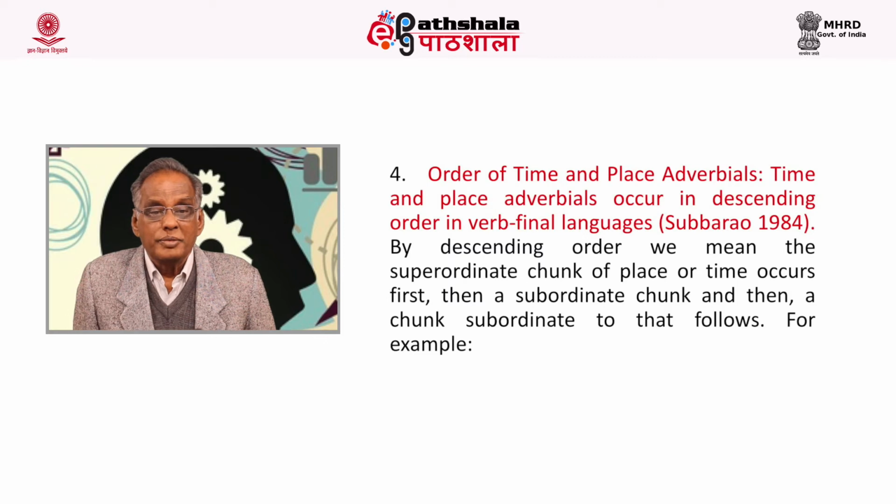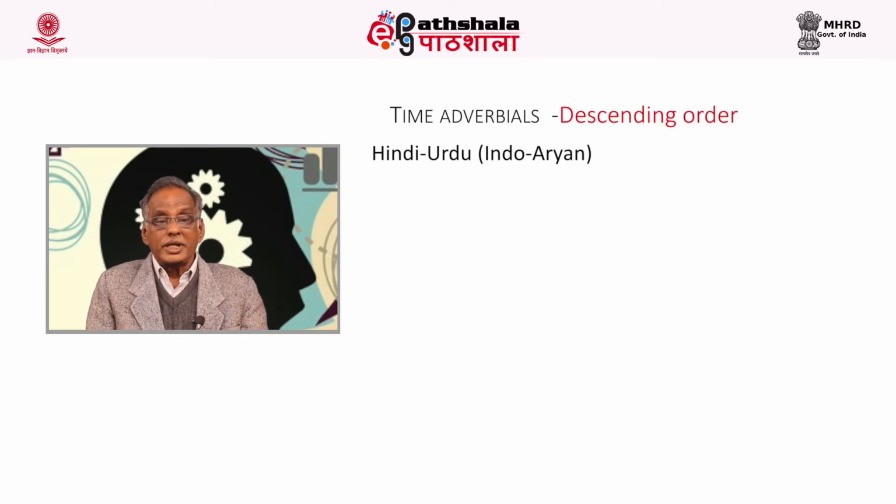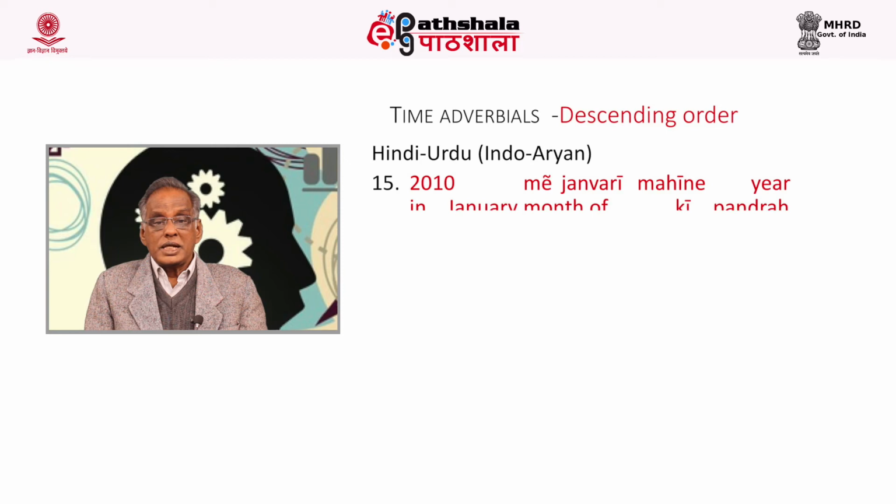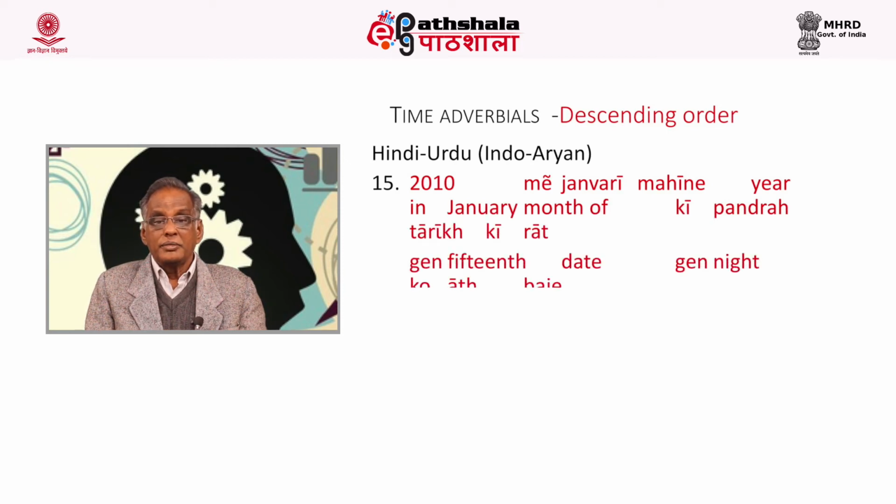By descending order, we mean the superordinate chunk of place or time, the bigger chunk of place or time occurs first, then a subordinate chunk, then a chunk subordinate to that occurs. So you can see as an example 15, 2010 में जनवरी महीने की 15 तारीख की रात को 8 बजे.